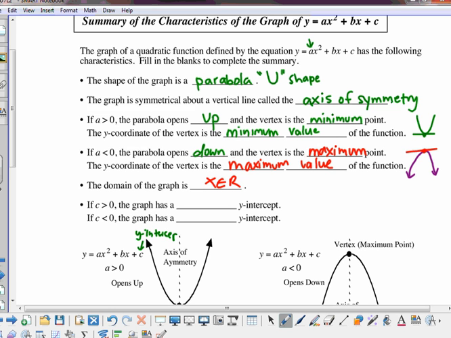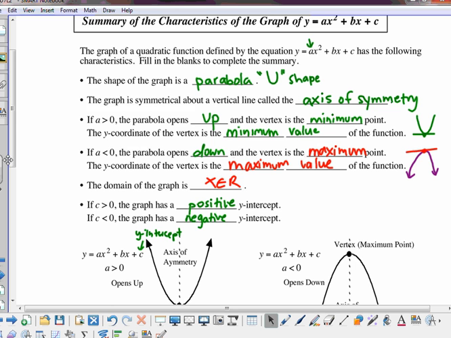So if c is positive, it's going to be above the y-axis. It would have a positive y-intercept if your c value is positive, and if your c value is negative, then you'd have a negative y-intercept.